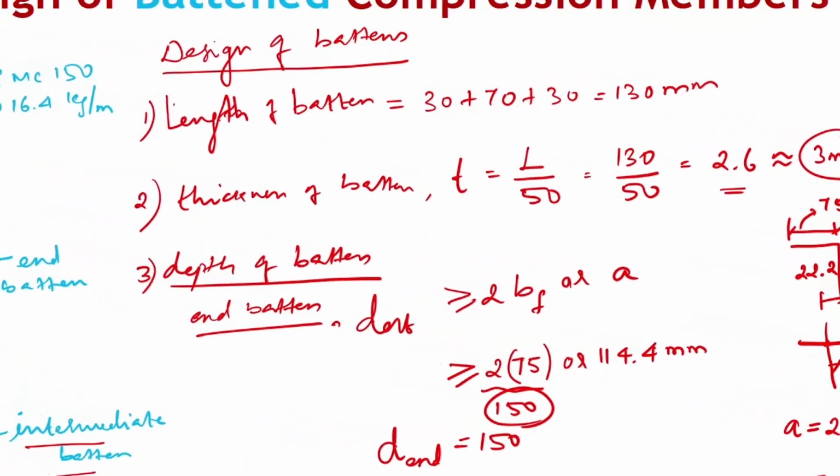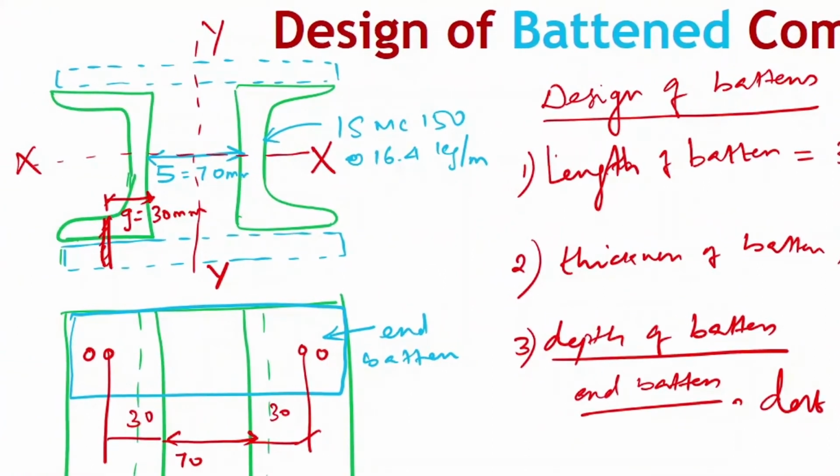Now what is the overall depth? If you go back to this, we can even arrange the bolts like this. From this center to this center is the effective depth.